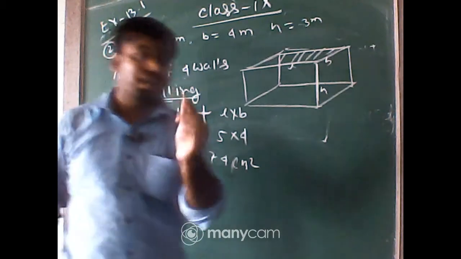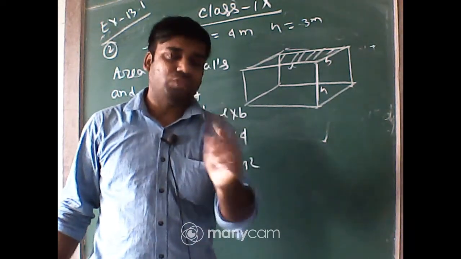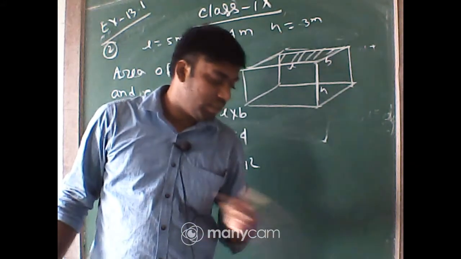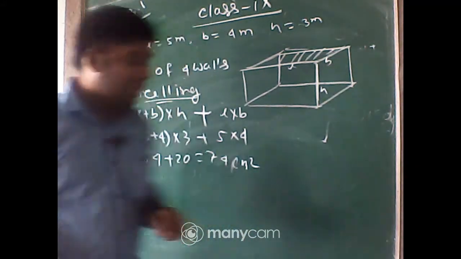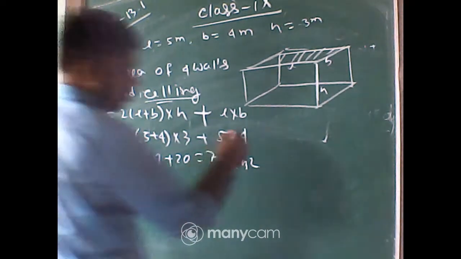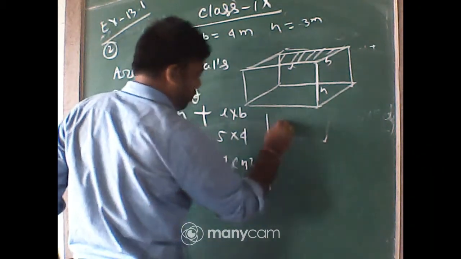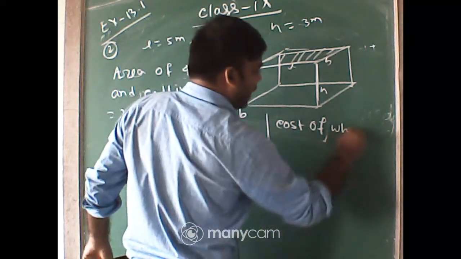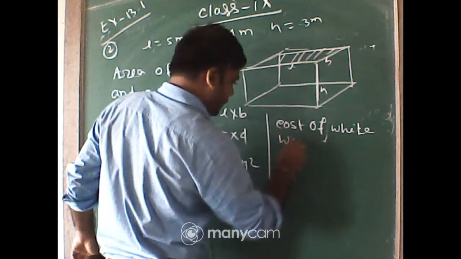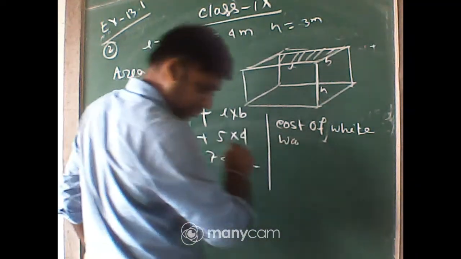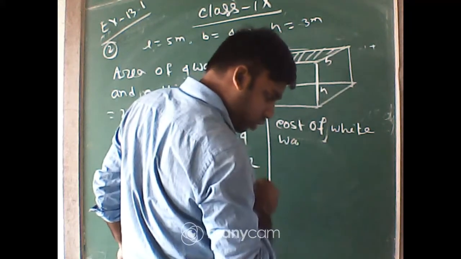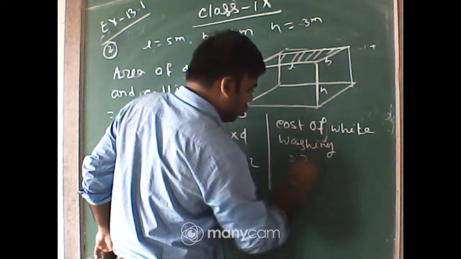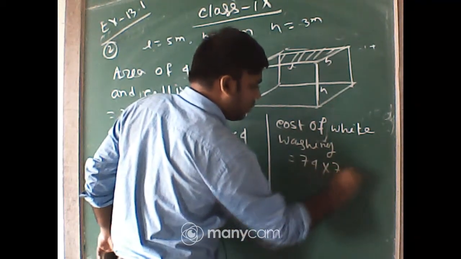Now the cost of whitewashing per meter square is rupees 7.50. It means for whitewashing 1 meter square we need rupees 7.50. Then the total cost of whitewashing is 74 into 7.50.